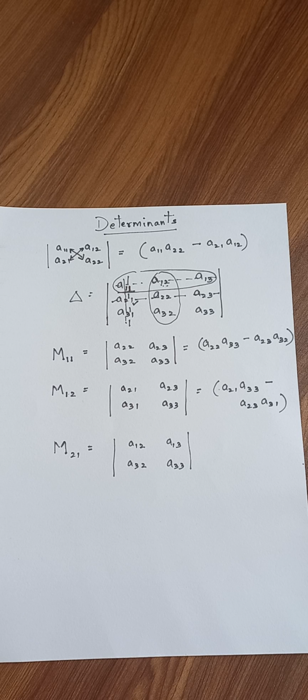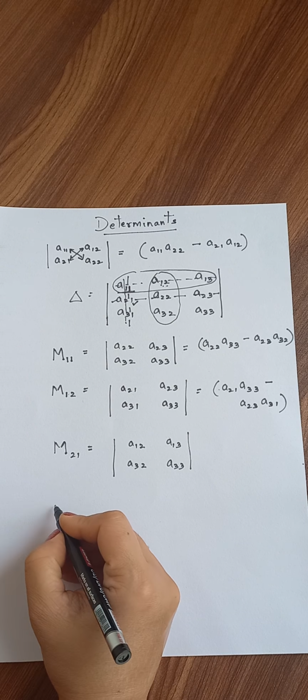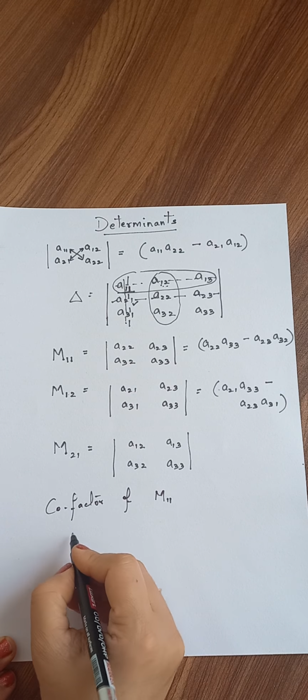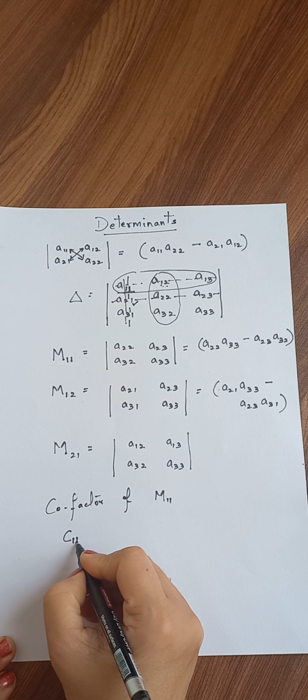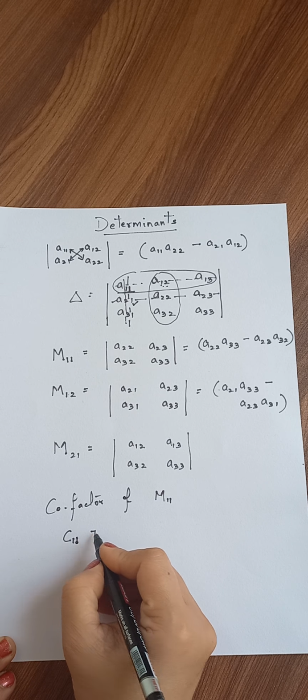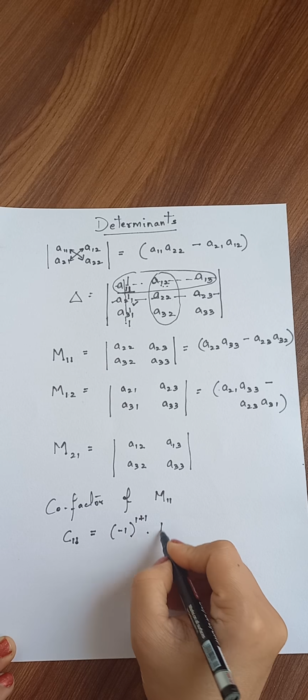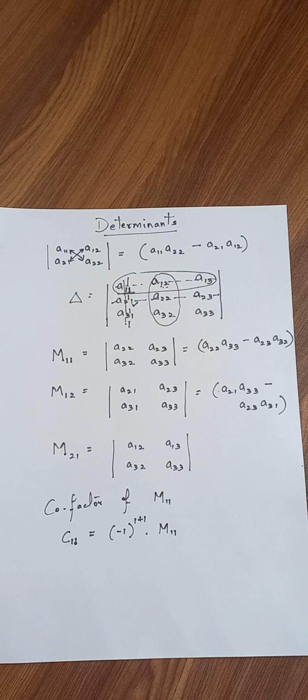Now if we have to obtain the cofactor, what should we do? For example, the cofactor of M11 is written like this: it is equal to (-1) to the power 1 plus 1, into M11. Why did -1 come here?